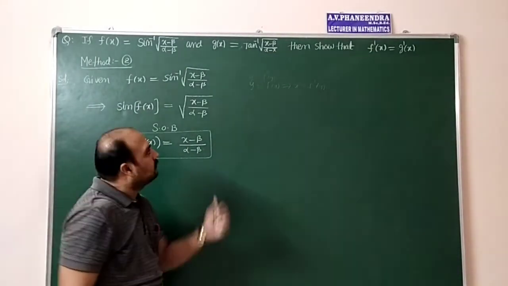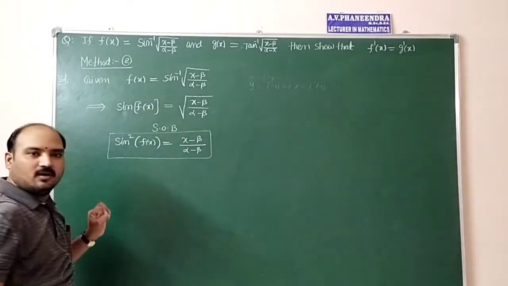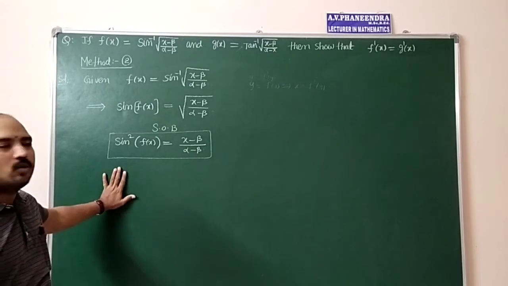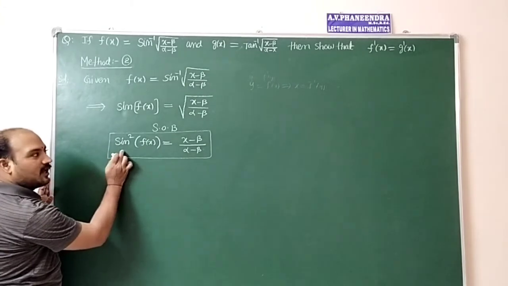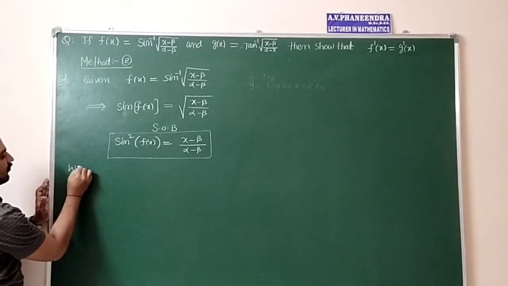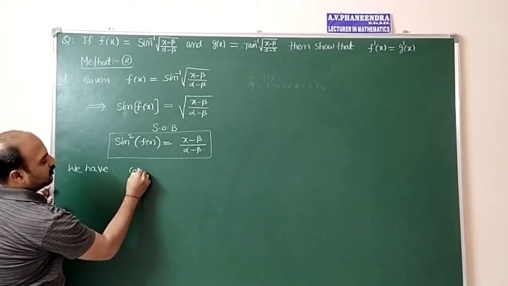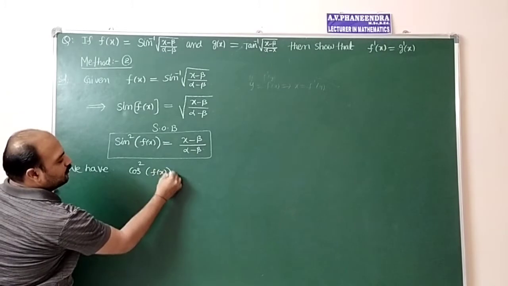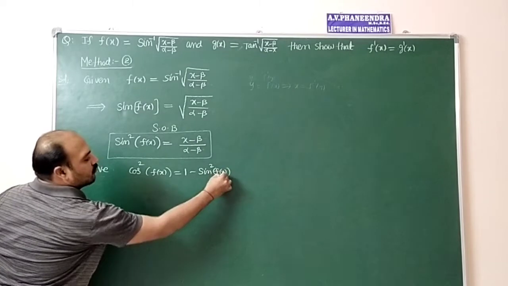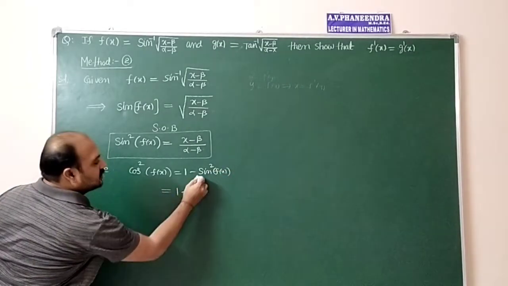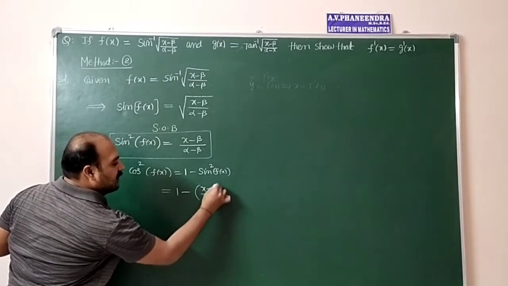But observe that the second function in terms of tan is there. From the value of sin, we need to get the cos value. After that, we have to convert in terms of tan. So we know that sin square theta equal to this value. We have cos square f of x equal to 1 minus sin square f of x, which is equal to 1 minus x minus beta divided by alpha minus beta.